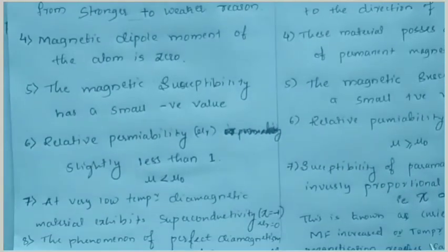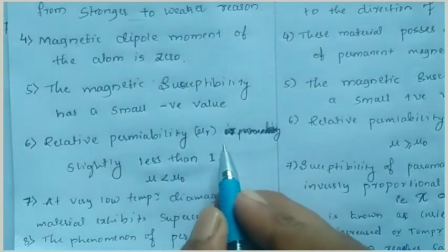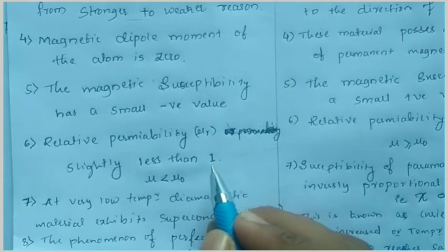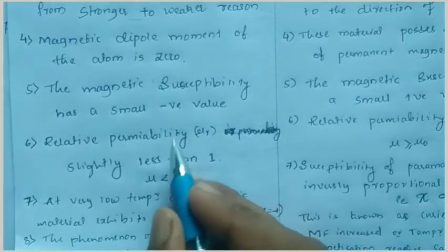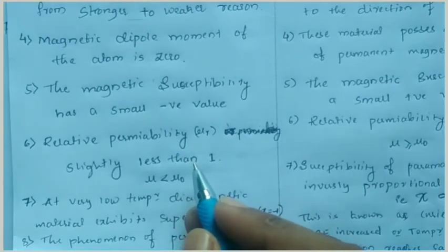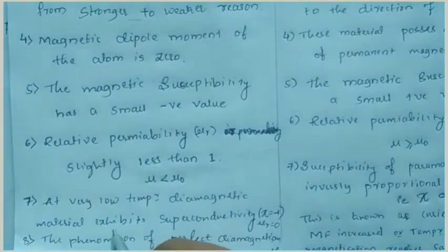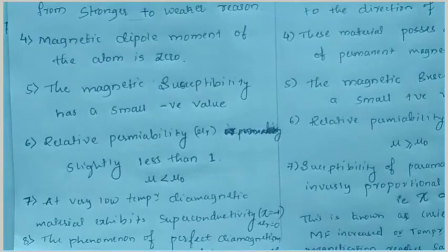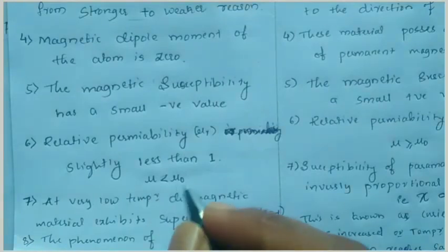And next, the relative permeability is slightly less than 1. The relative permeability of a diamagnetic material is less than 1 because it does not permit magnetic field lines inside, or permits only a very small number of them.